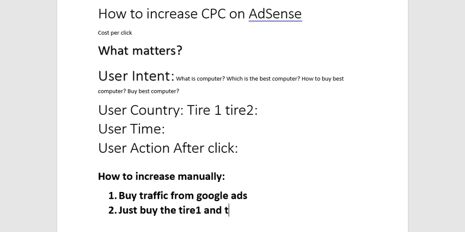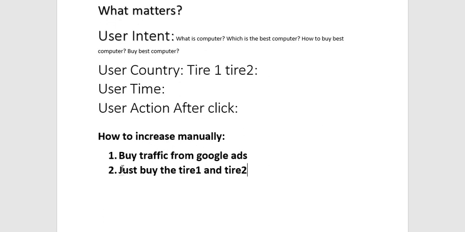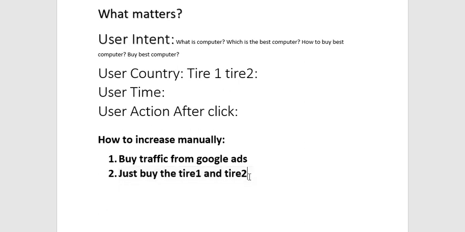You are paying something to Google, and you should just buy tier 1 and tier 2 countries traffic. These countries' traffic you should buy from Google Ads. And then you have to buy this traffic for a specific page or article, not for your whole website.